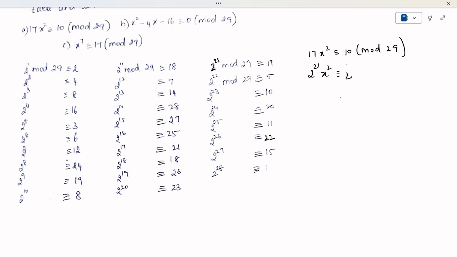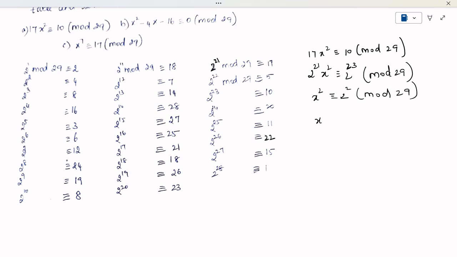So instead of 10, we are using 2 to the power of 23 mod 29. Now, 2 to the power of 21 here and 2 to the power of 23. So now x square is congruent to 2 to the power of 23 minus 21, which is 2 square mod 29.